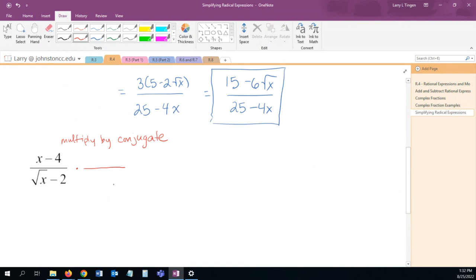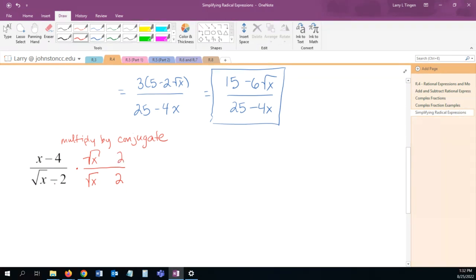All right, anybody want to tell me what the conjugate of the square root of x minus 2 is probably? You know it's going to have a square root. You know it's going to have 2. It's the only thing that changes. Yep. Plus sign, exactly.